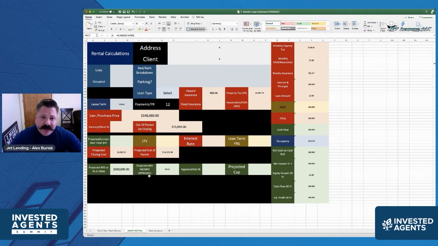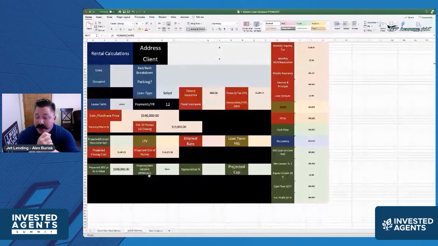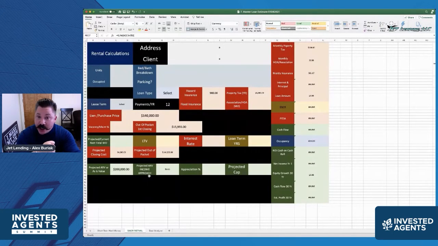So the debt service coverage ratio comes into play. What that means is you take your principal, your interest, your taxes, your insurance, and any association dues, which comes big when you are buying condos or townhomes. That's something to really look for when you calculate your deals, because that can really change how much you pay every month. What you do is you divide your rent by your monthly payment.